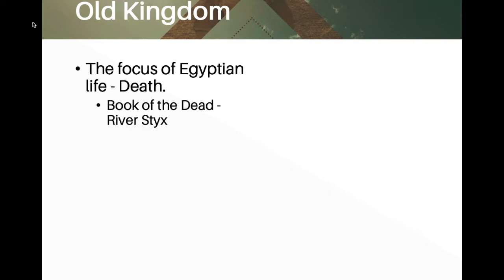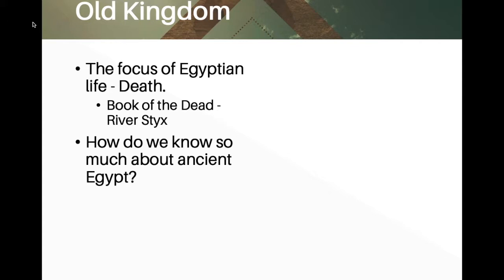Charon would demand payment for his service of rowing the deceased soul across the river Styx. The name Styx is derived from the Greek word stux, meaning hate or detestation. So this was their belief on how one crossed over to the afterlife. They had to pay this ferry boat, rowboat man, to take them across.